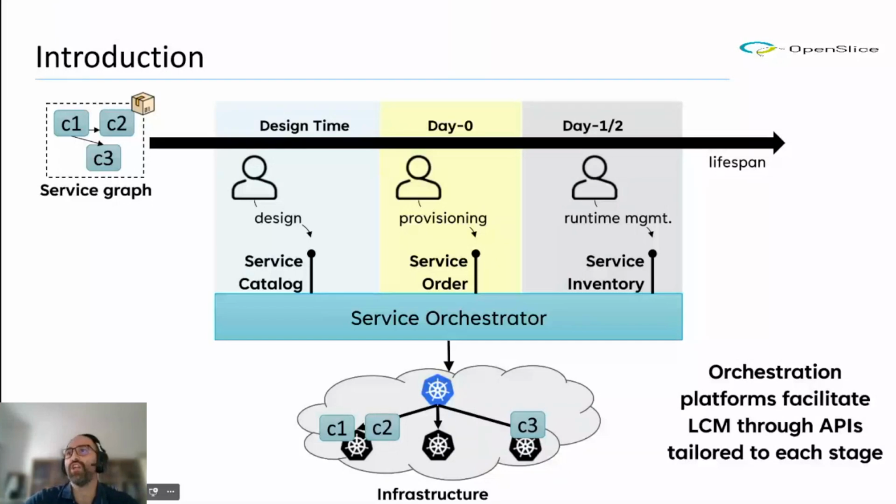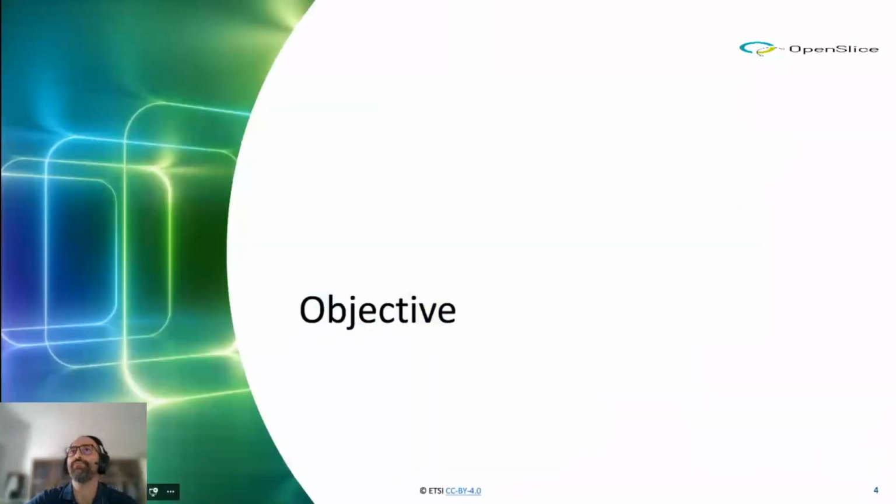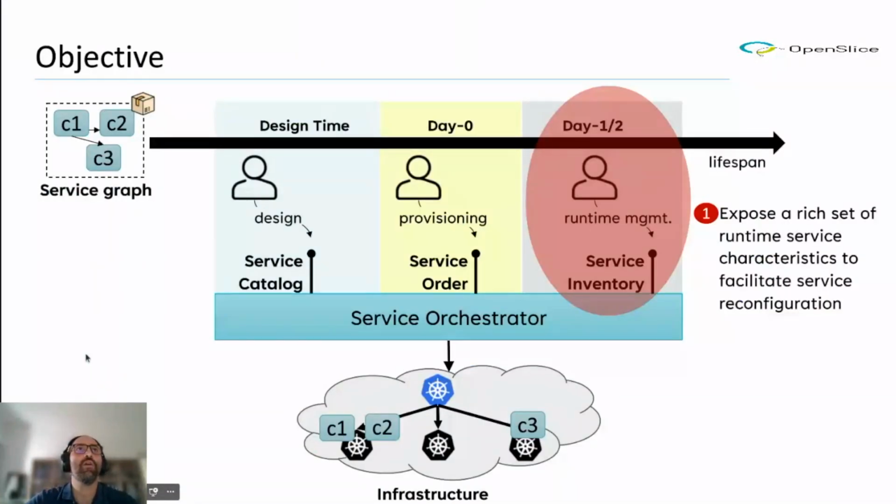So we have an orchestration platform that facilitates LCM through APIs tailored to each stage. Now let's see our objective. Somebody has a service graph already designed.